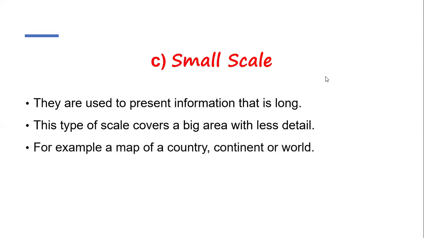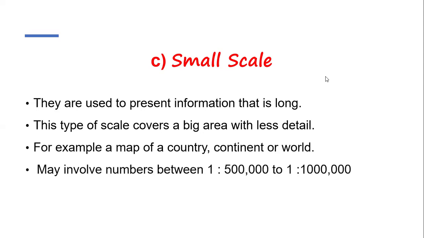For example, a map of a country, continent, or the world. So small scales are used to represent very large areas, such as maps of a country, continent, or the world as a whole. A map involving numbers between, for example, 1:500,000 to 1:1 million. These are the numbers shown within the small scale.